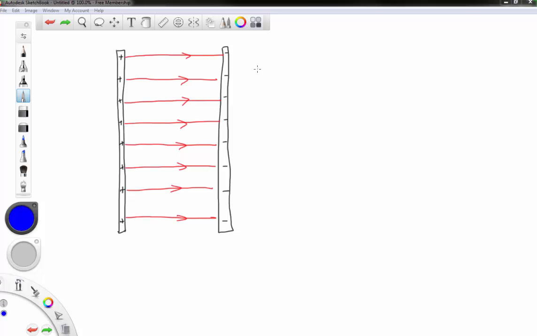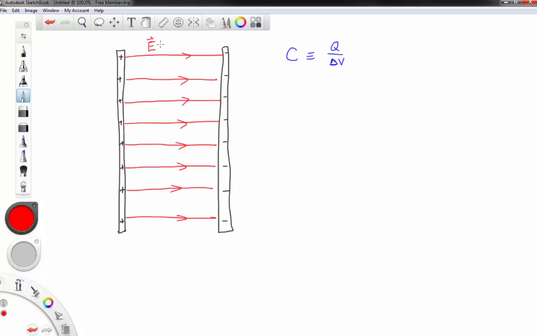Now, to see how that is so, consider the following. So we know that the capacitance is defined as the charge per unit of potential drop between the two plates. But we also know that if you have a pair of parallel plates, the electric field between the two plates is a uniform constant field. Or at least it's a uniform field and constant, assuming that no charges are added or removed with time.